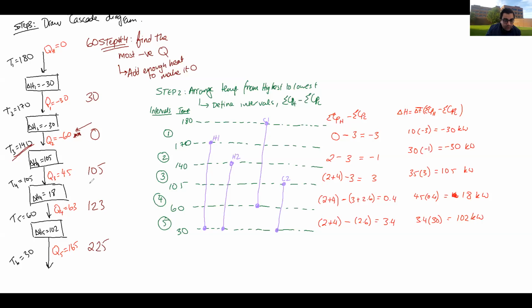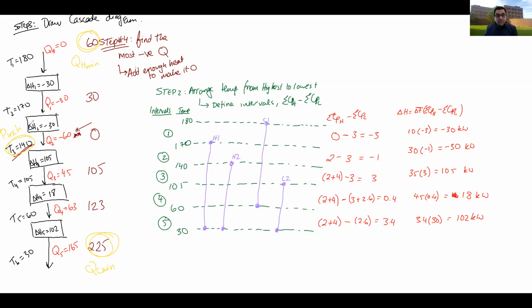And now, after doing this, I have the 3 pieces of information I want. These 3 pieces of information are this number right here, this is your QH minimum. This number right here, this is your QC minimum. And this guy right here, which is your pinch temperature.